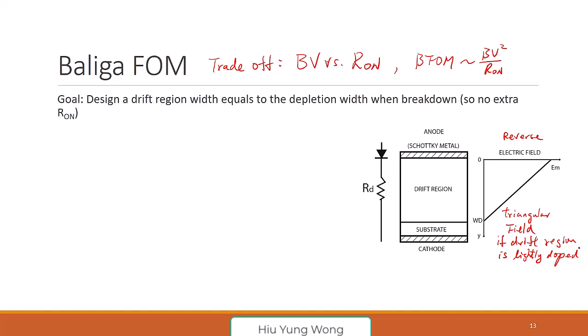Now think about it: you keep increasing the breakdown voltage. Electric field will increase. Where would it break down? Is it going to break down at this point, or this point? Is it going to have impact ionization at which point first?